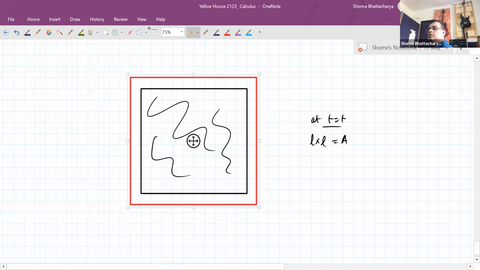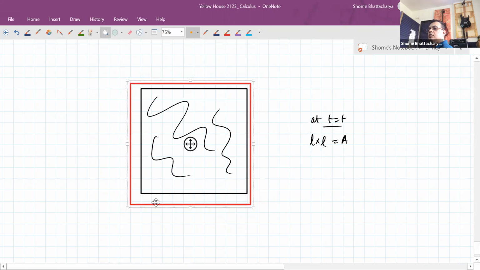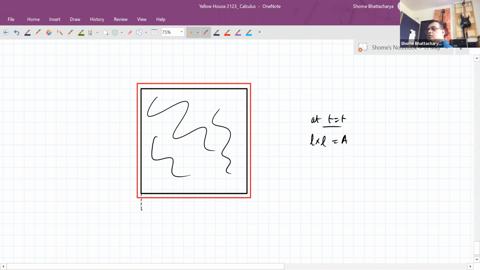So imagine that this is actually only slightly different. So it's increased from L by dL.